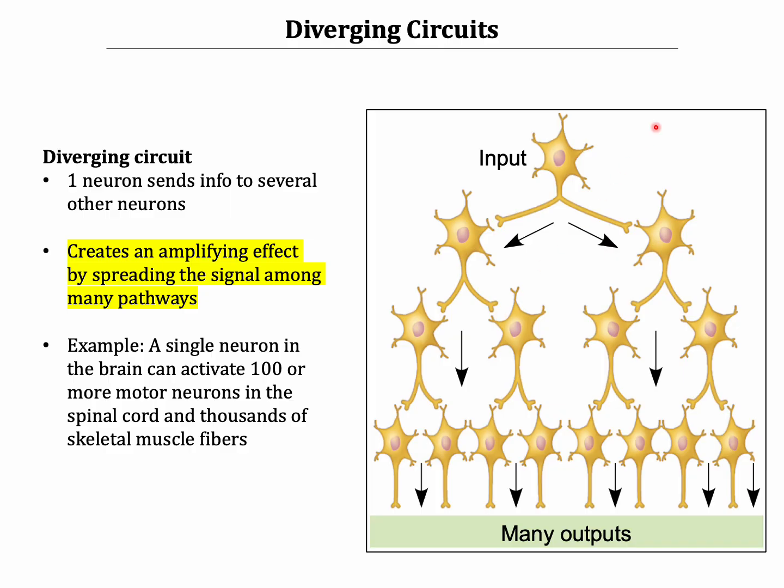And diverging circuits are common when we think about motor neuron pathways and activation of large muscular groups. And it illustrates how one single motor neuron can activate many skeletal muscle fibers, right? Due to this spread of information, due to the connection of these neurons creating a diverging circuit.